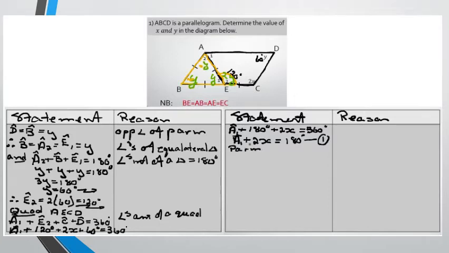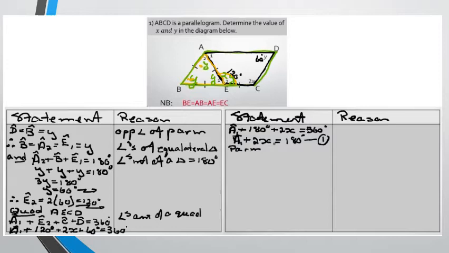The parallelogram. Which parallelogram? That's the one right on the outside. Let me see if it will fit. I'm looking now at this parallelogram, the outside one. What do I know about a parallelogram?